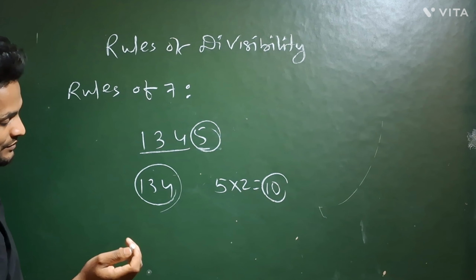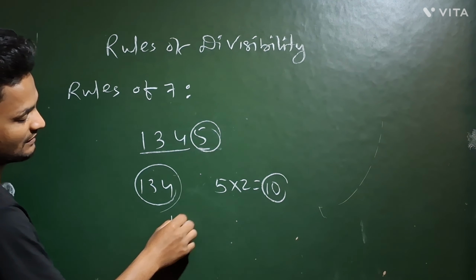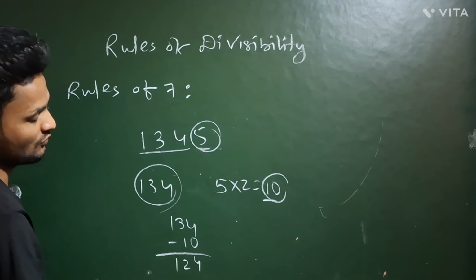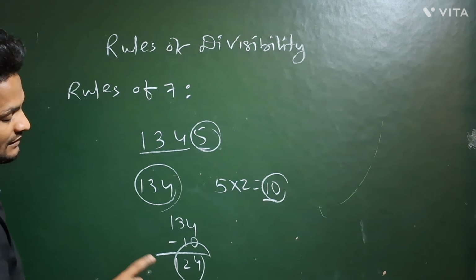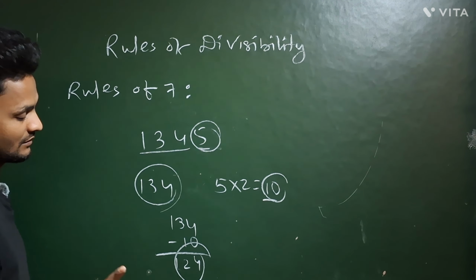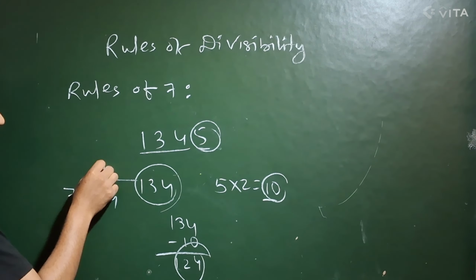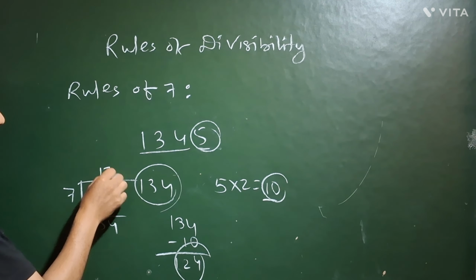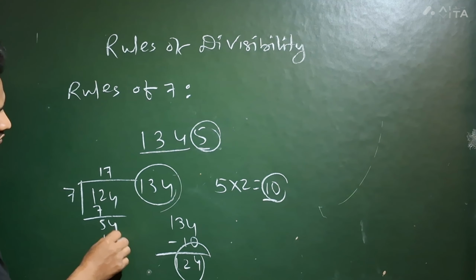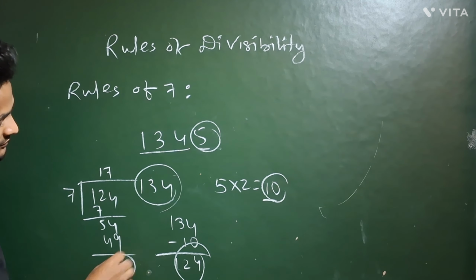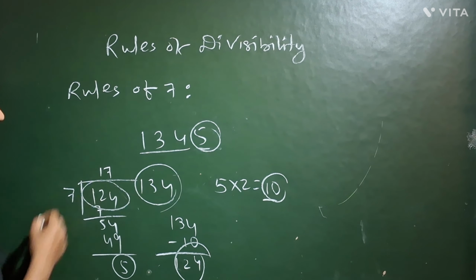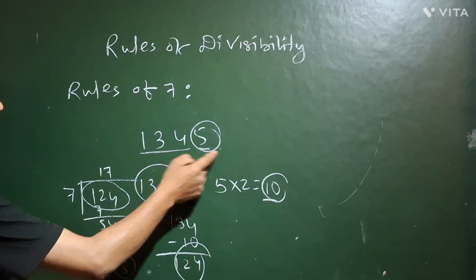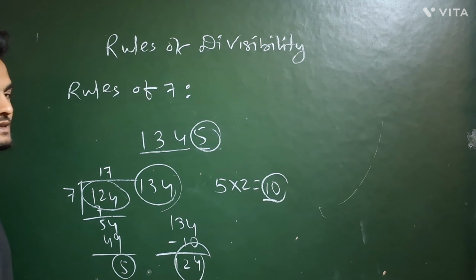Okay, so the difference is 134 minus 10, which is 124. Now we'll check if 124 is divisible by 7. Okay, 7 ones are 7, 5, 4. 7 sevens are 49, remainder 5. So the difference is not divisible by 7. That is why this number is also not divisible by 7.